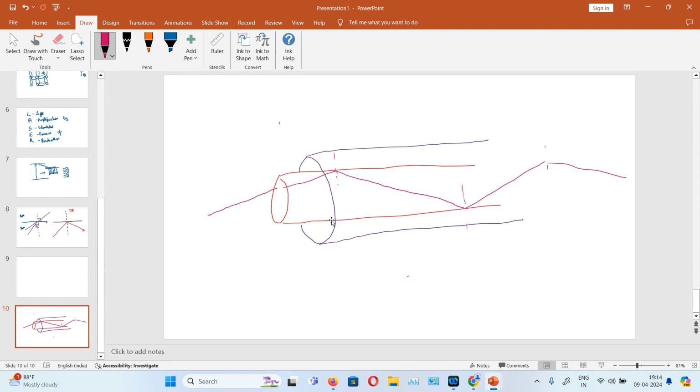The cladding is provided in order to give the rarer medium such that total internal reflection is always ensured.